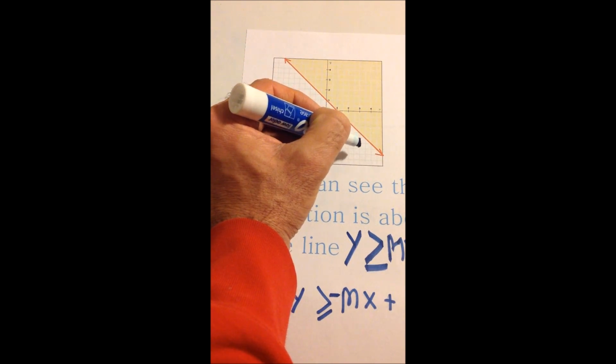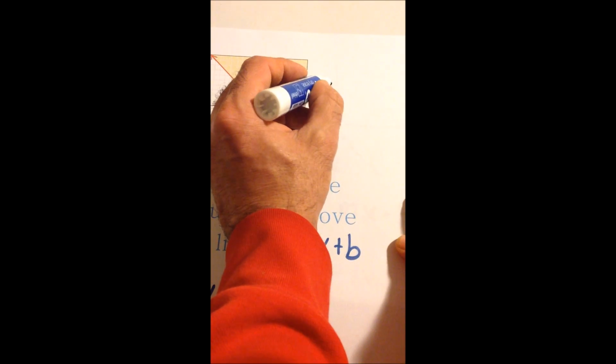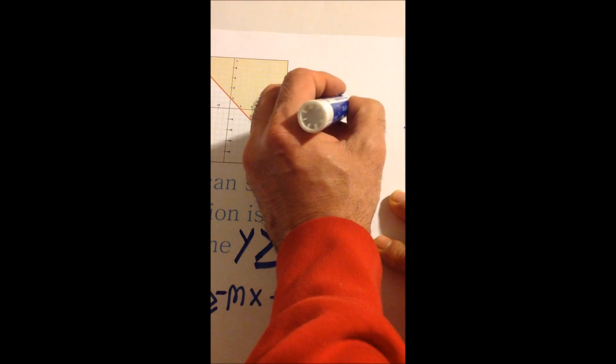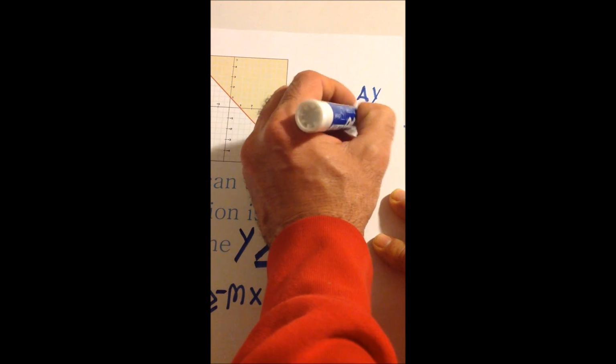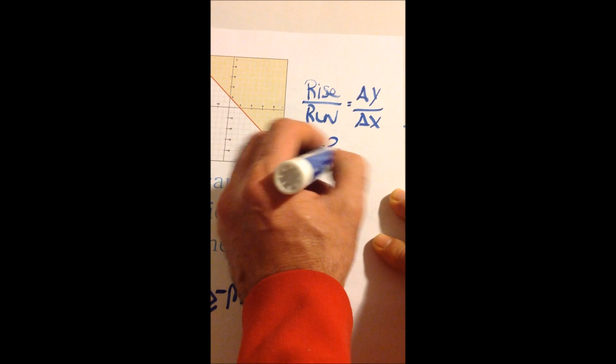It looks like you're going down 2, over 2 each time. So what would that mean? The rise over run, the rise is the y, over the run, or sometimes you see it as the change in y over the change in x. Right? It's down 2, over 2.